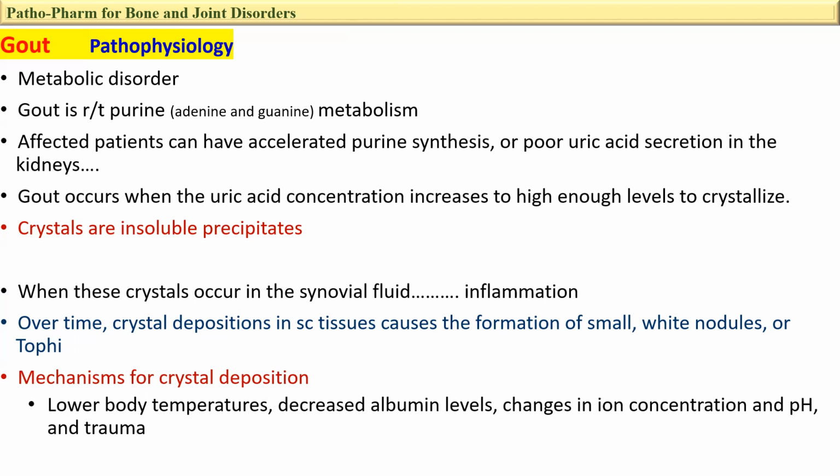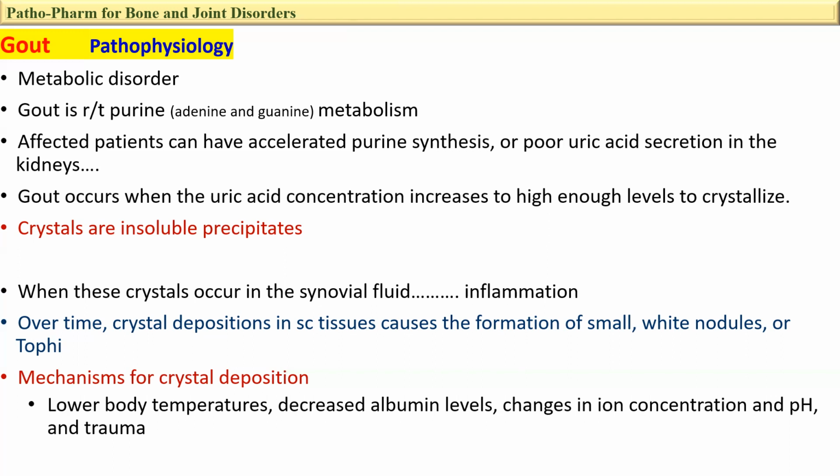These crystals are insoluble, so they will precipitate and be deposited in connective tissue throughout the body. When these crystals occur in the synovial fluid, the inflammation will begin. That will trigger the inflammatory process, which is called gouty arthritis.